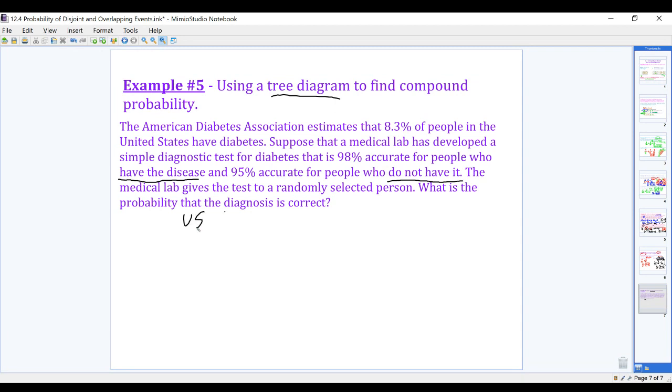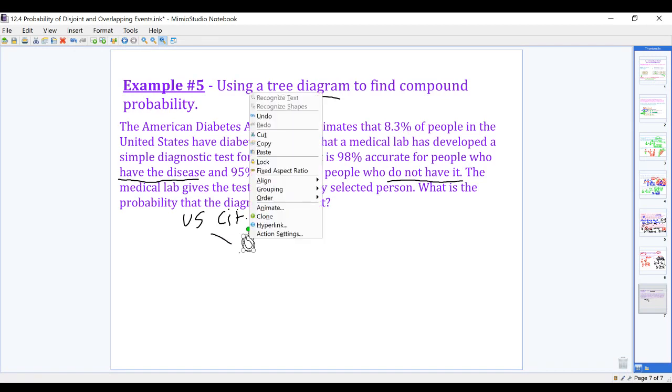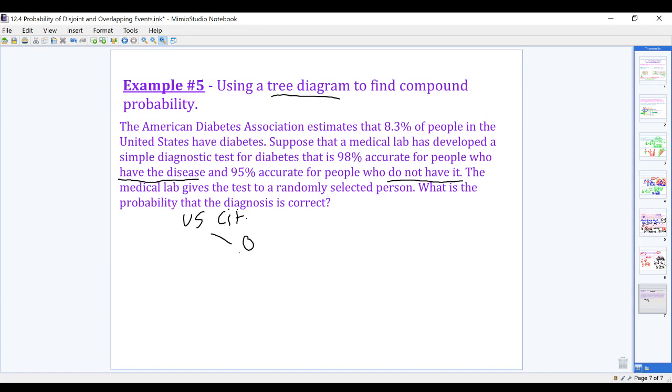U.S. citizens is at the top, right? I'll just write it. You have a probability that they have the disease, 0.083, right? That's at the beginning. It said 8.3% of people in the United States have diabetes.